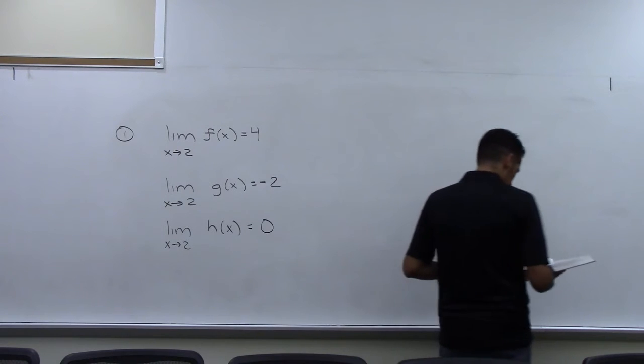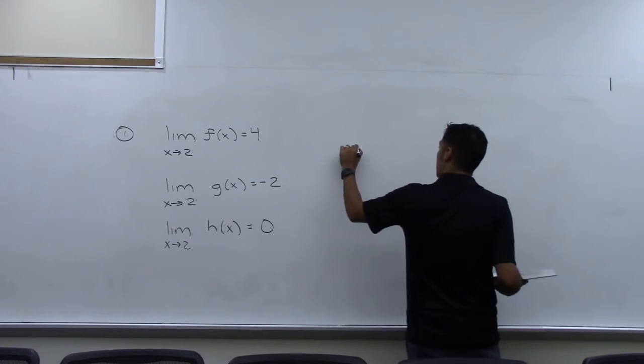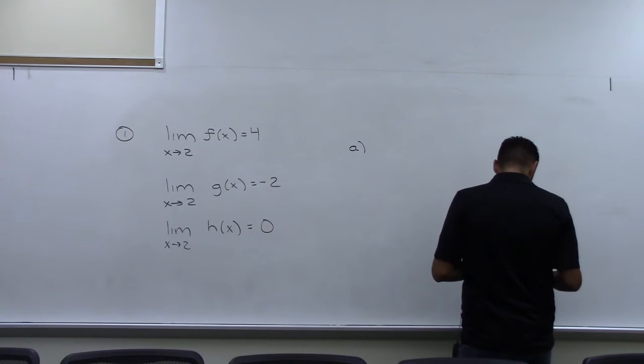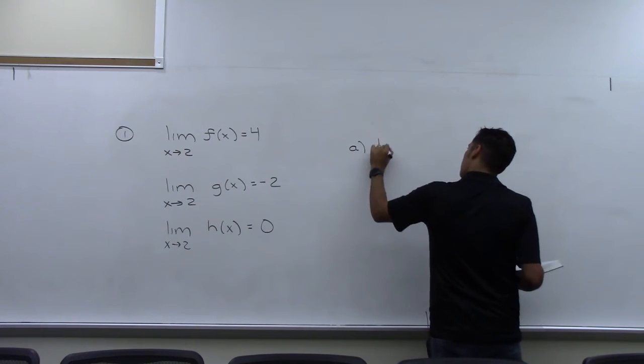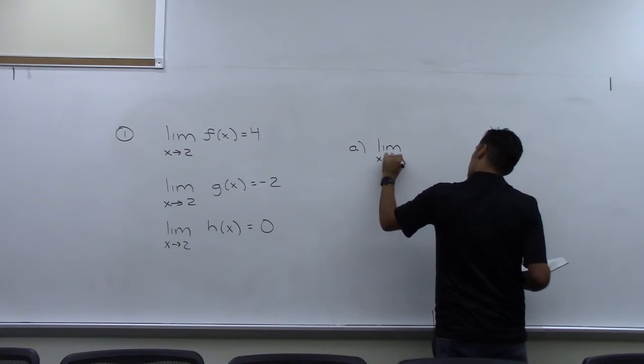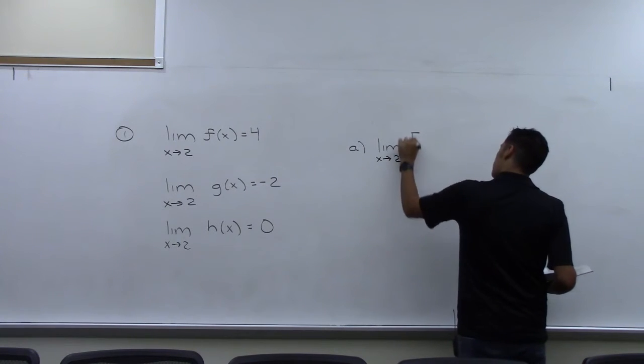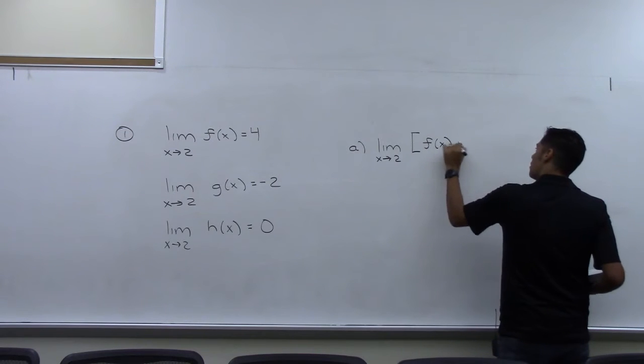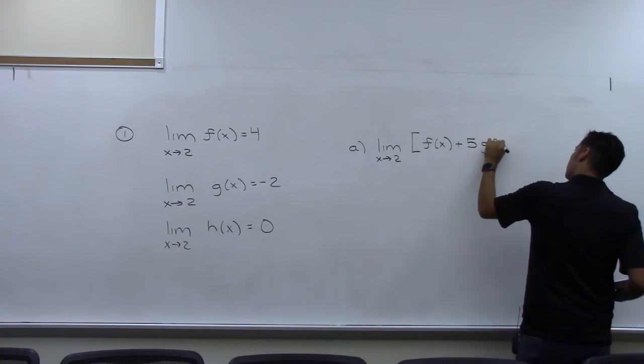Figure out all these other things. So part A wants to know what the limit as x approaches 2 of the quantity f of x plus 5 times g of x is equal to.